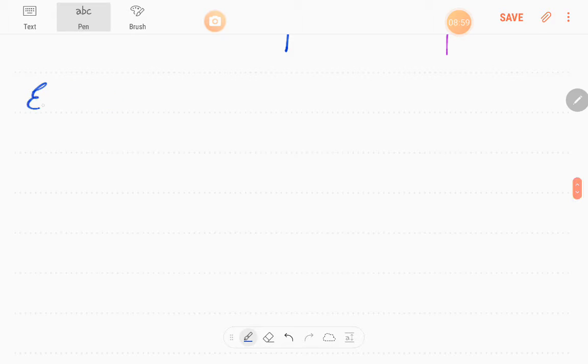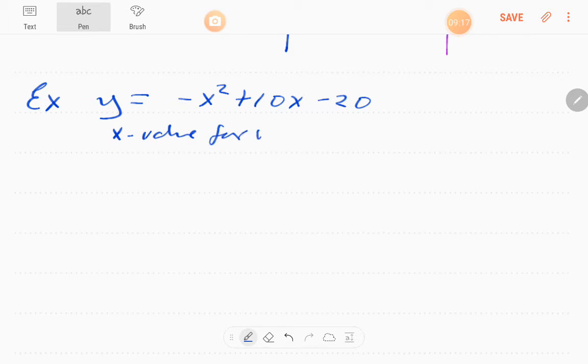So for example, if we have y equal to minus x squared plus 10x minus 20. So here the x value for the vertex is equal to minus b, where b would be 10, over 2a, so 2 times negative 1. So this will give us plus 5.